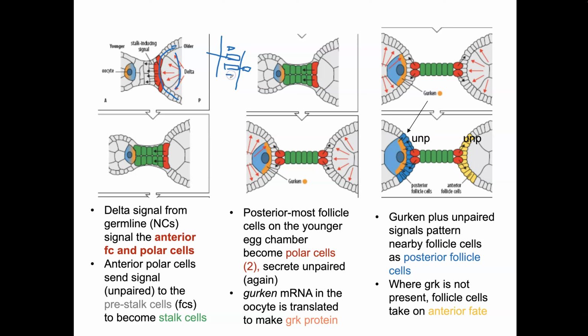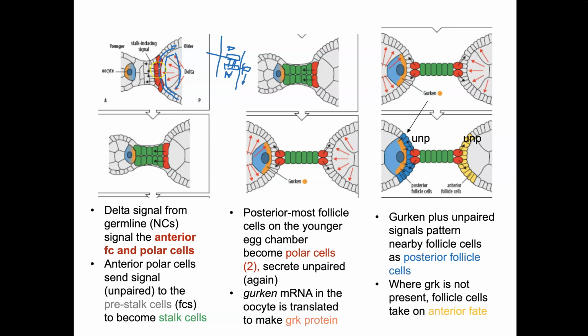So Delta and Notch. And when these two bind, there's a cleavage of the intracellular part of the receptor, and it goes into the nucleus and leads to the transcription of downstream genes. So that signaling is taking place from the cells at the front here to the anterior follicle cells.